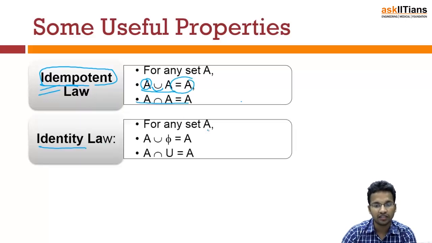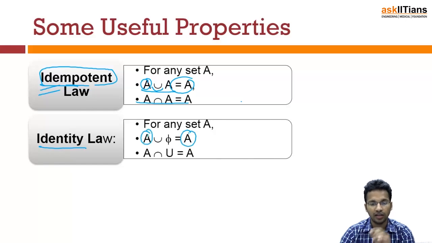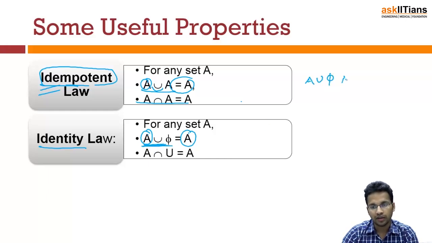Identity means you are getting the same, the output is the same as the initial one. So the basic one, if you look at here now, A union phi will be A. Now there can be a subset of A also which can be there, but the most basic set which will be phi, because suppose if you take A as 1, 2, 3 and B as 1 and 2, then also you will get union as 1, 2, 3.